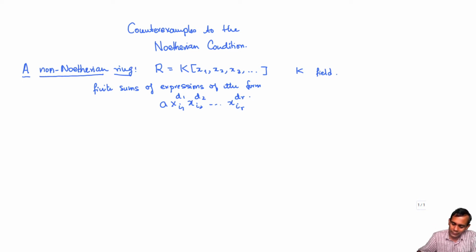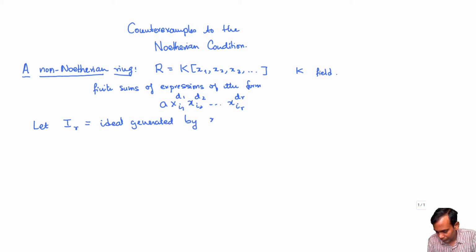Now this ring is non-Noetherian because you can construct what I call a strict ascending chain of ideals. So let Ir be the ideal generated by x1, x2 up to xr.